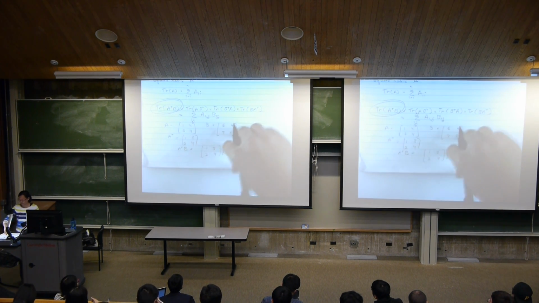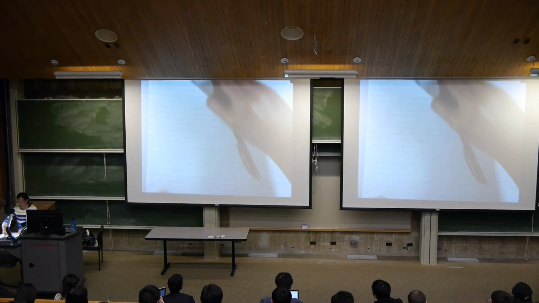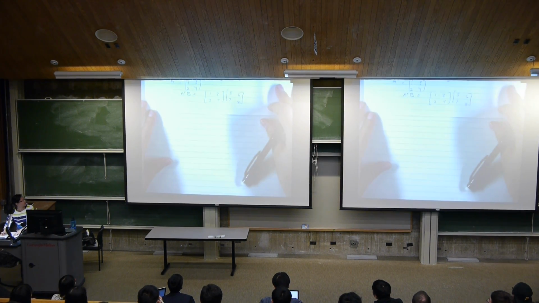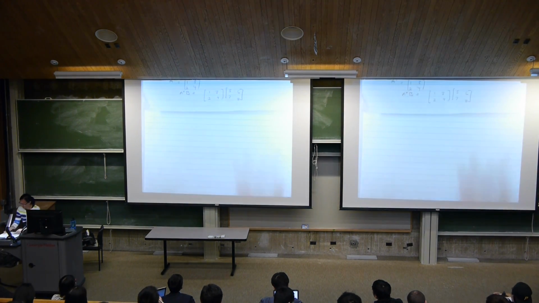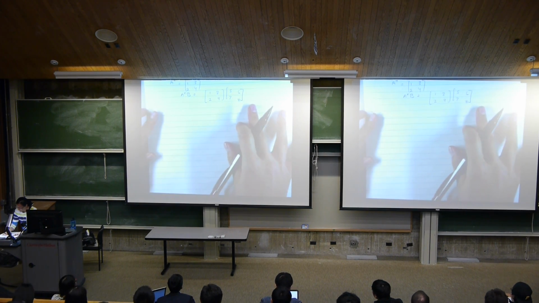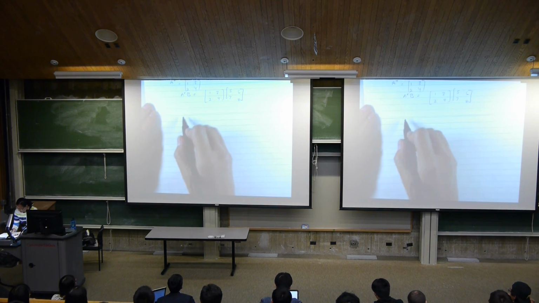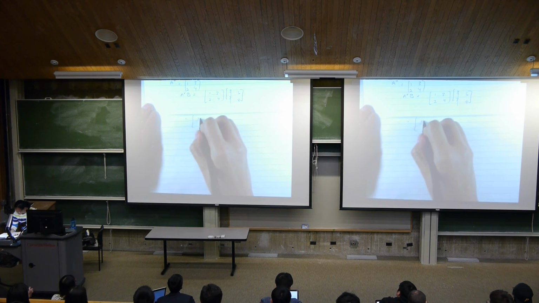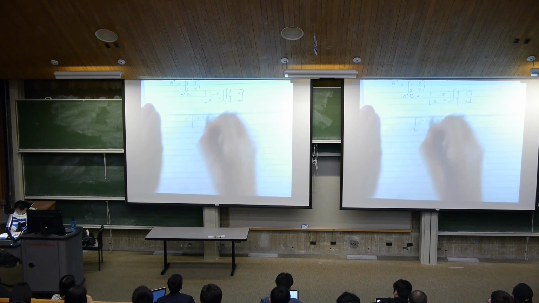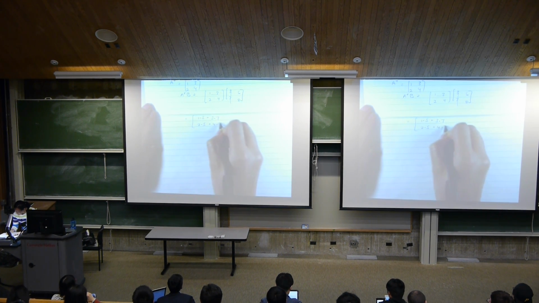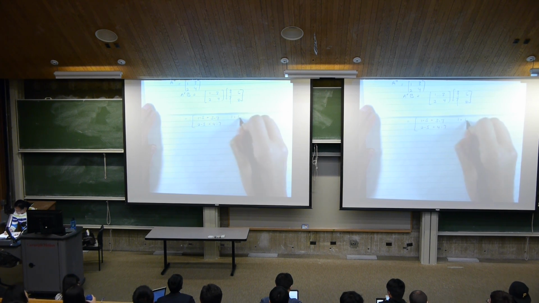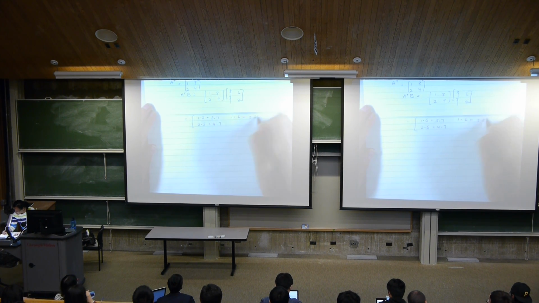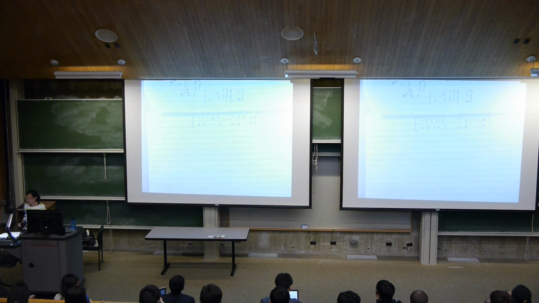Okay, I guess you can't see that. When we multiply that together, we get 1 times 5 plus 3 times 7, 2 times 5 plus 4 times 7, and so on, down to 2 times 6 plus 4 times 8. Okay, so that's the product.